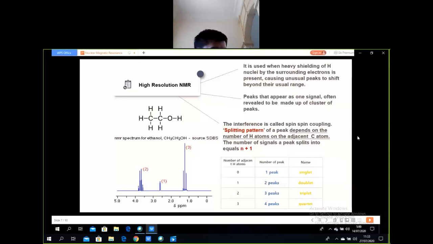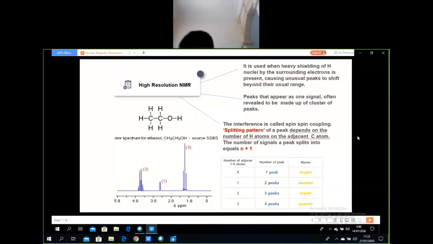So in some molecules where there is heavy shielding of the hydrogen nucleus, a lot of electrons in surrounding atoms, peaks are shifted beyond their usual range. In such cases, high resolution NMR is useful. High resolution NMR gives us more information to interpret the results.